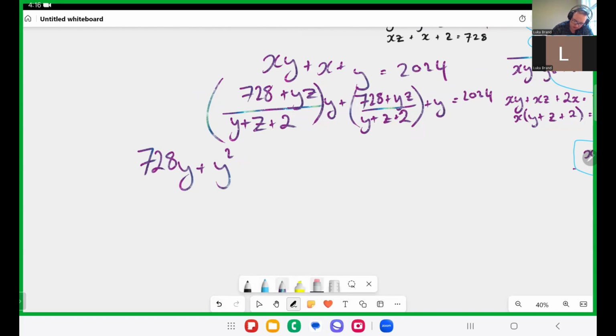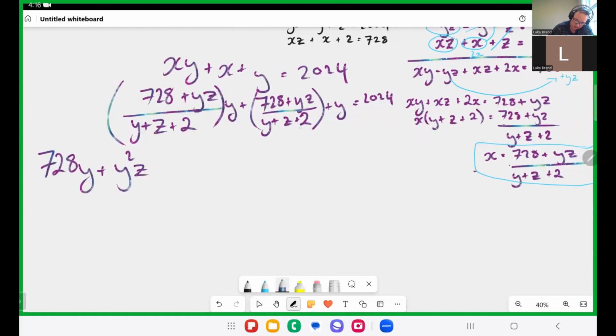Plus yz, that's that term. Now again, I'm multiplying this term by y plus z plus 2, so that's going to give me plus 728 plus yz. And now this y, I need to multiply by y plus z plus 2.